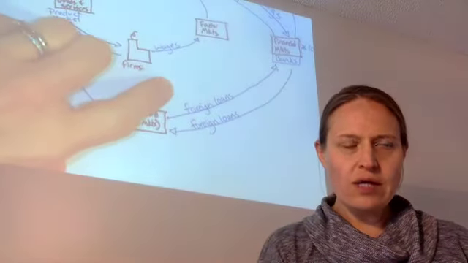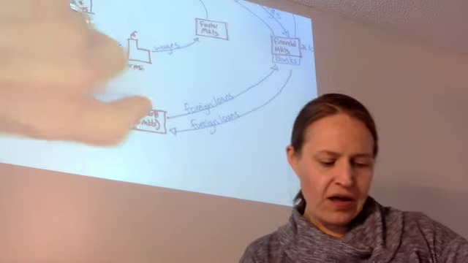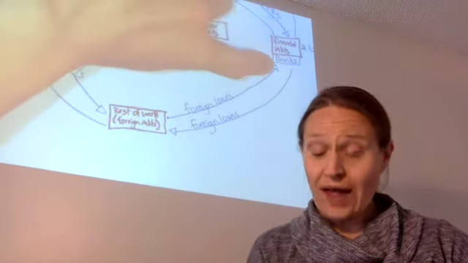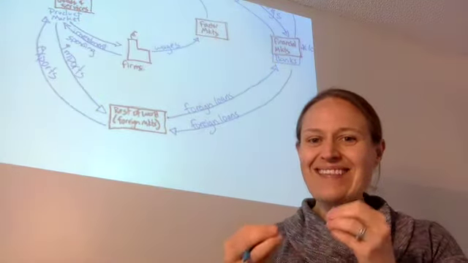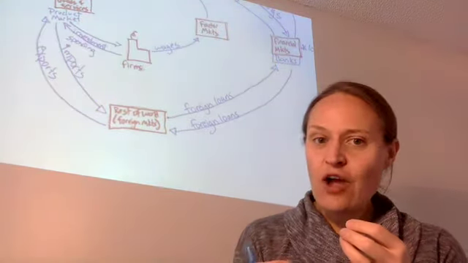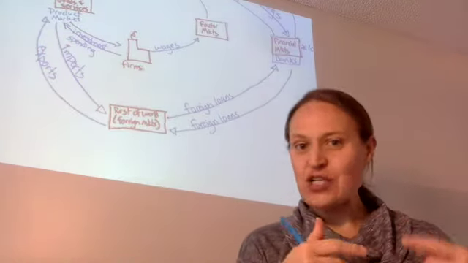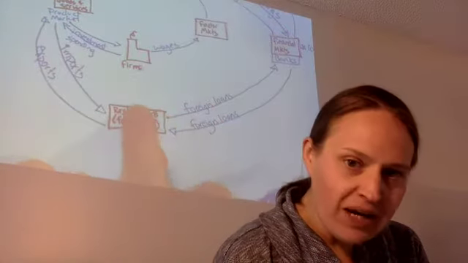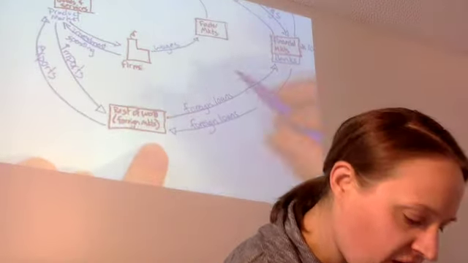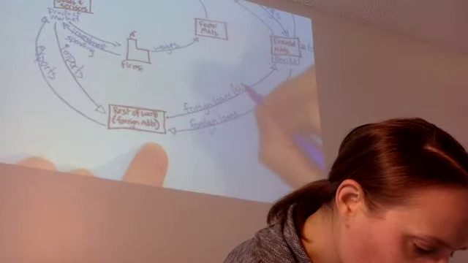Now, this arrow here that is going from the rest of the world into the US financial market, that is the United States borrowing money from financial markets, banks in other countries. So the United States, they borrow the money. So the money goes from the rest of the world into our financial markets. So we're going to put US borrowing money from other countries.